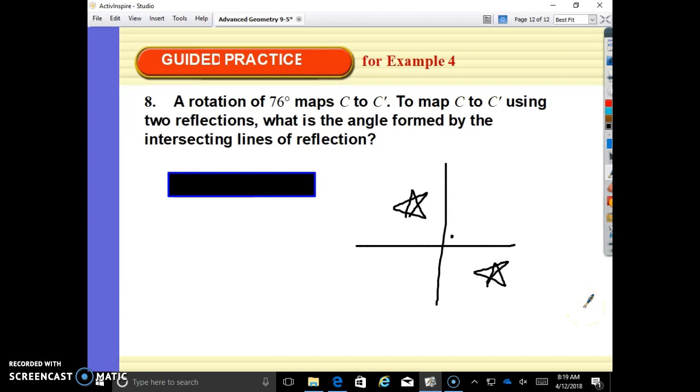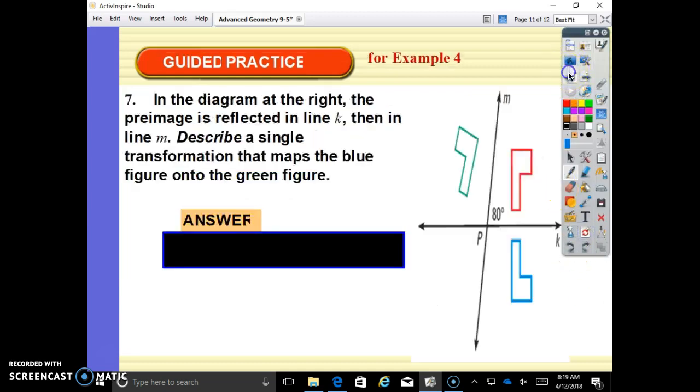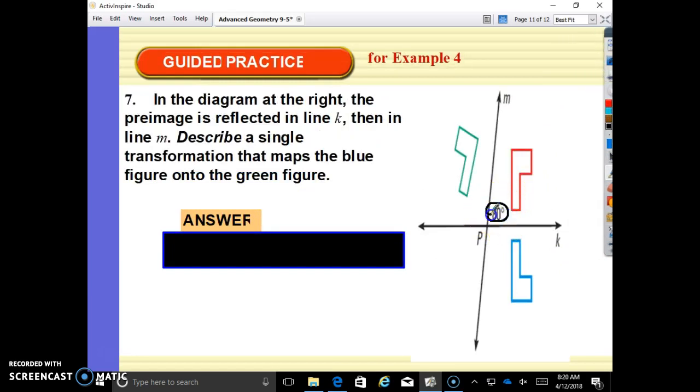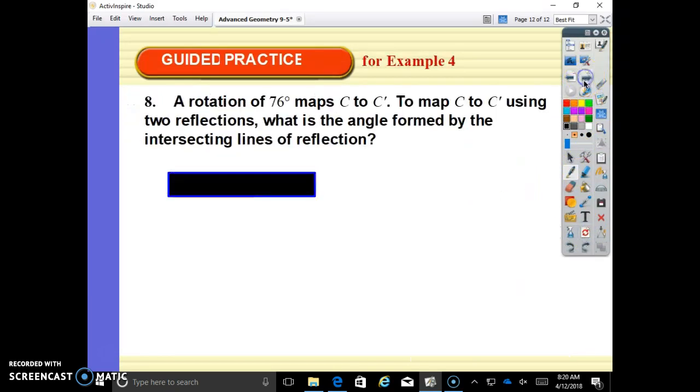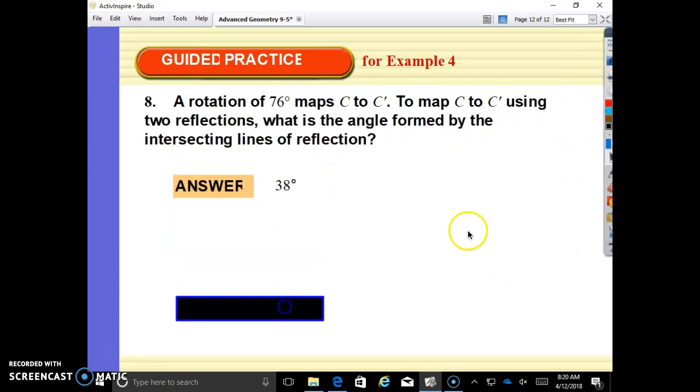It is not 152. Let's look back. So here, the angle was 80 degrees, and my rotation was 160. If my rotation is 76, what is my angle? You divide by 2. Good job, 38 degrees.